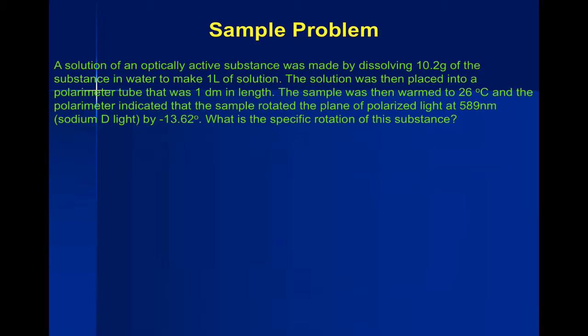I know the length is 1, and what's my concentration? Which is what? Grams per milliliter. Do the math. 0.2. That's going to be close enough. It's not going to make that much difference in the math.